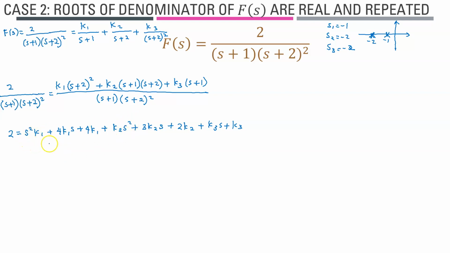Here the highest power of s is to the power of 2. So we start from s to the power of 2, s to the power of 1, and s to the power of 0. On the left hand side of the equation, we don't have s to the power of 2, so we write 0 equals, over here we have k1, the multiplier of s squared is k1, and here we have k2.